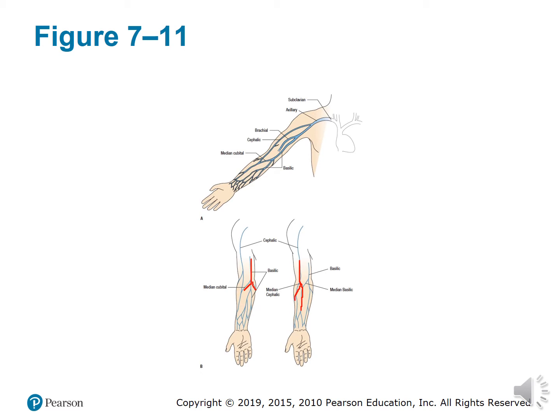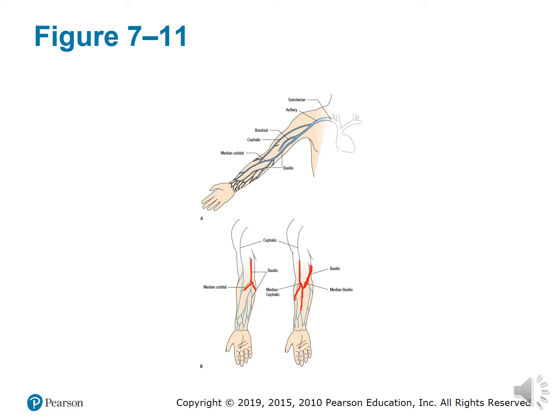All right. So again, you've got your basilic right here. It's going to come down, and you know it's going to meet up right there at the bend of the elbow. Same thing on this side.